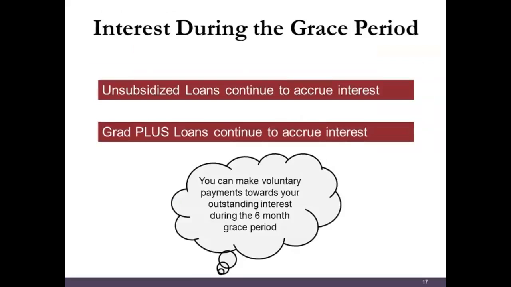If you're trying to pay off your loan in full, it may be in your best interest to do so. If you're trying to pay off your loan as quickly as possible and with paying the least amount of interest, it probably would make sense to pay your outstanding interest. And you can do that during your 6-month grace period because technically you're not paying any interest on the interest that's accruing on your student loans until it capitalizes, which brings me to this.